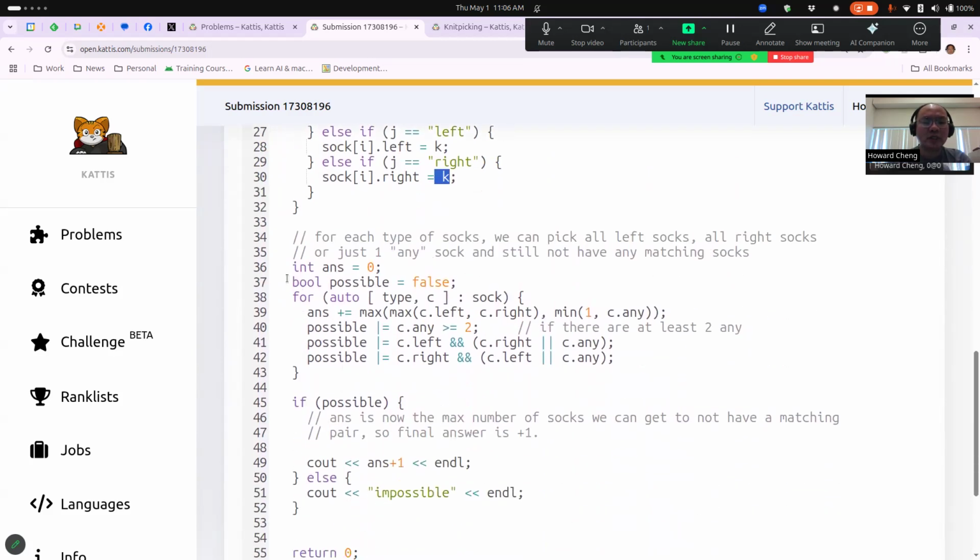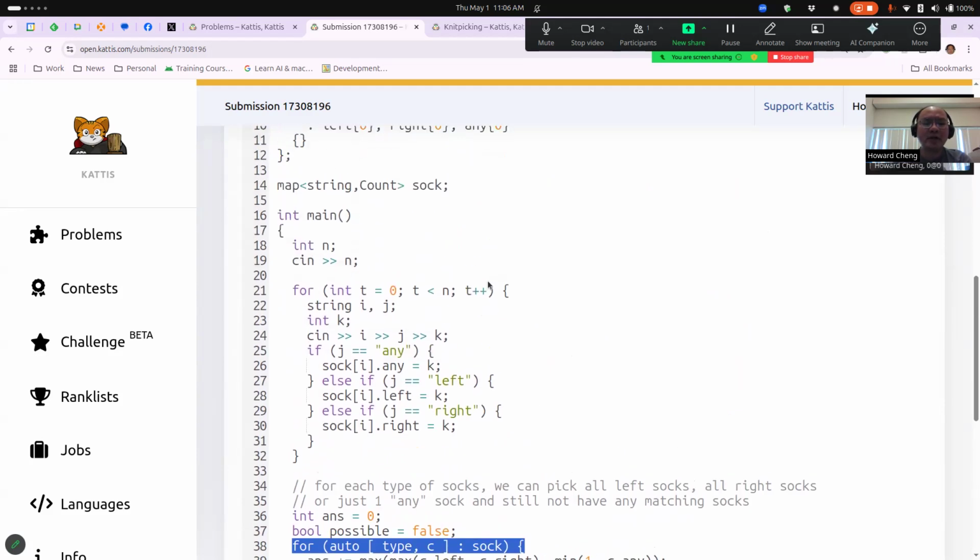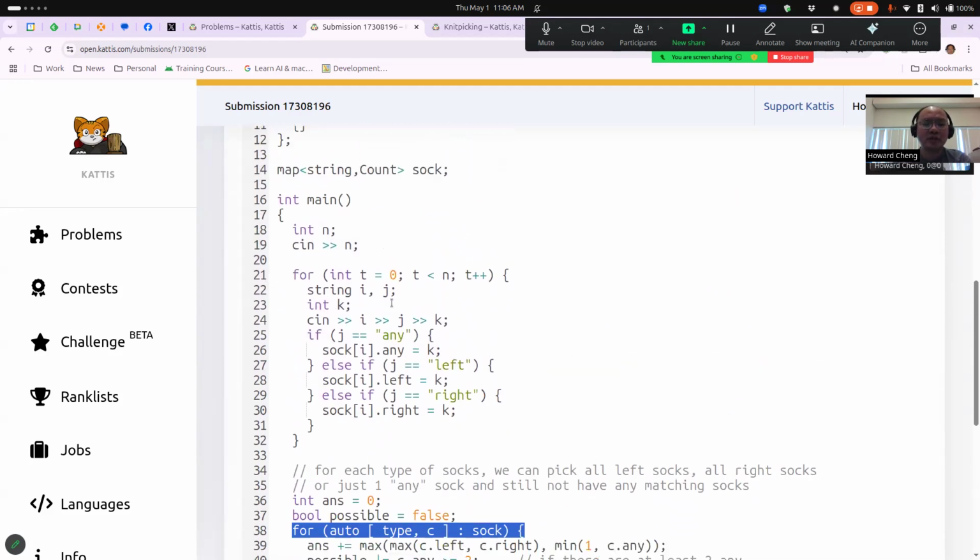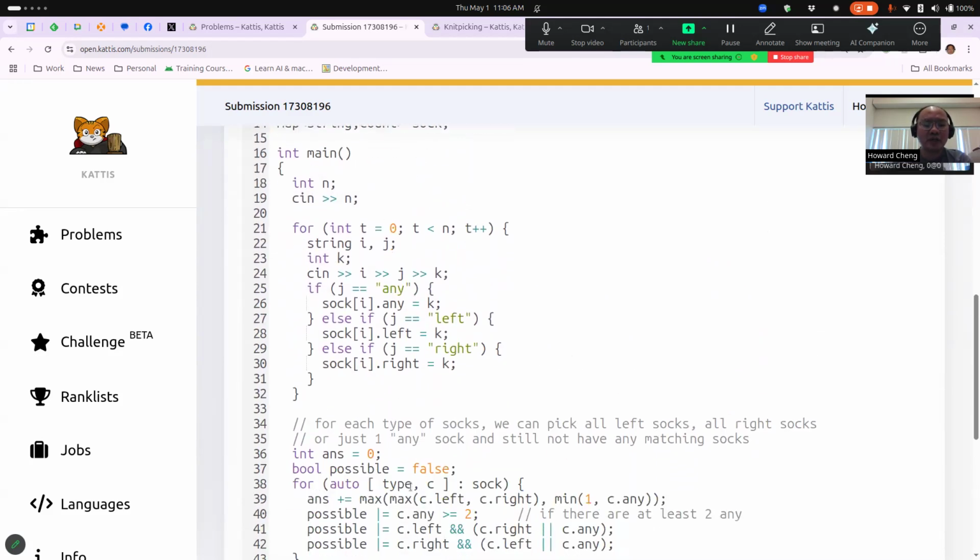Now what? I want to know what is the maximum number of socks I can pick and still not have anything matching. So my answer, it's going to keep track of that for now. I'm going to loop through my map. And this is a way to loop through my map. Remember that each entry in a map is a pair of key and value. So the key is a type.